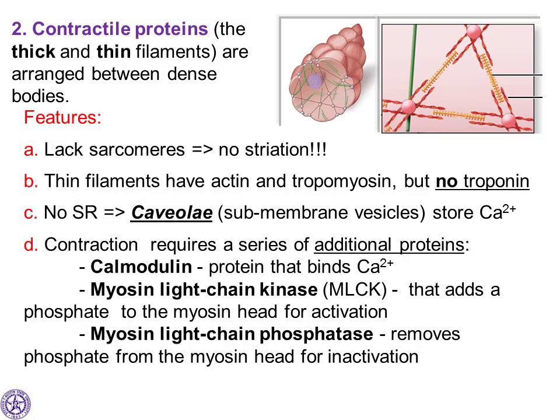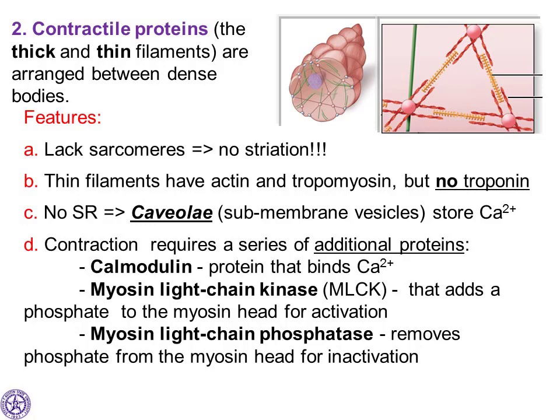But you do realize that if you activate something, you also have to have the ability to turn it off. If you turn it on, you've got to be able to turn it off. And so we need an enzyme that can turn it off by removing a phosphate. So essentially we have these two enzymes. When calcium is bound to calmodulin, it tells myosin light chain kinase, hey, go turn on myosin.